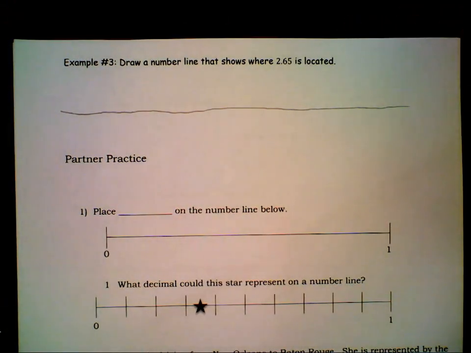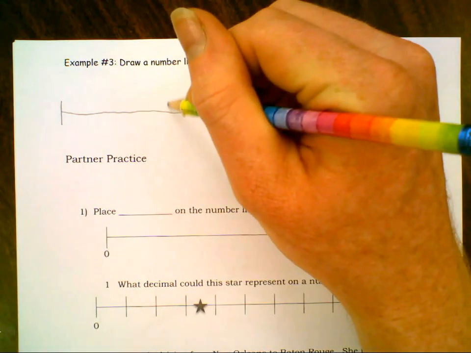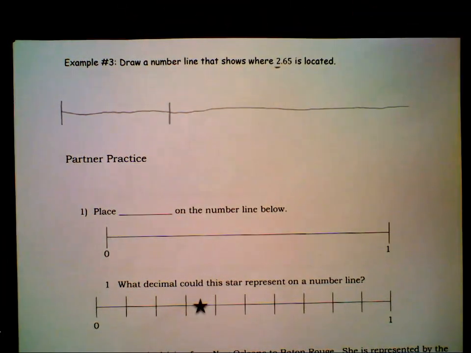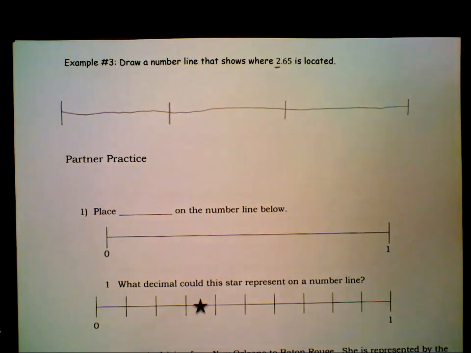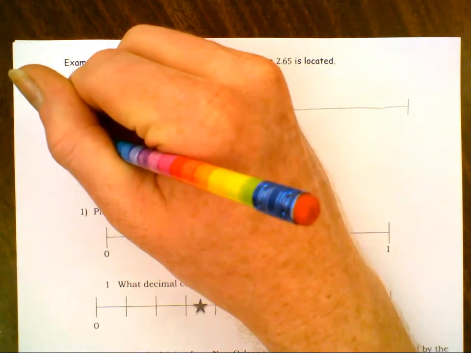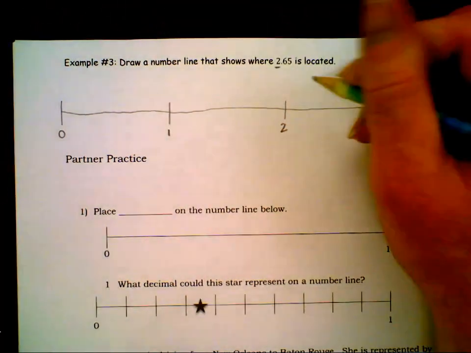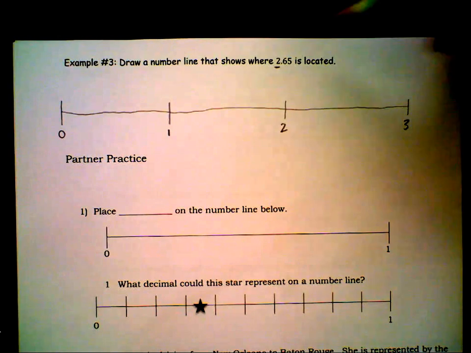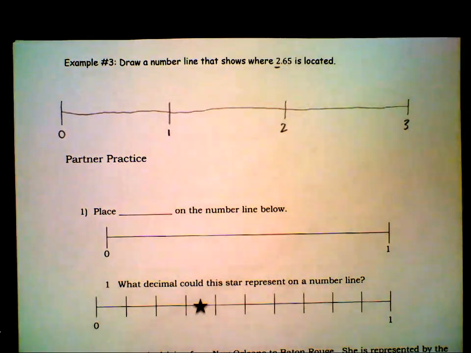Now if you remember from our fraction work, when I set up my number line, because this has a whole number, I am going to mark those numbers on here as well, leading up to that number. So we have 0, 1, 2, and 3. I'll stop at 3 because this is smaller than 3, but it's bigger than 2. So that's why I included 3 on my number line.